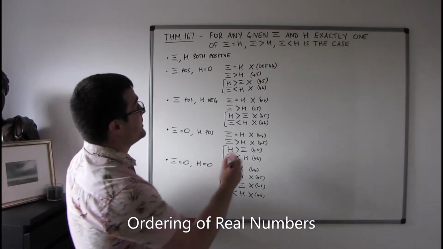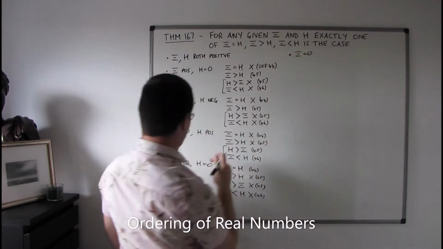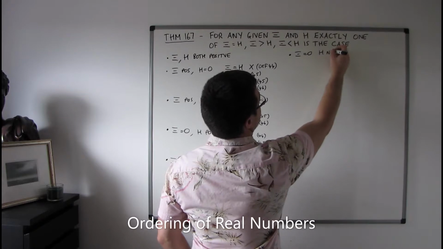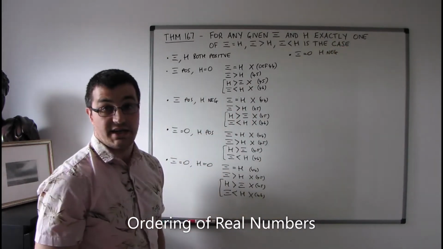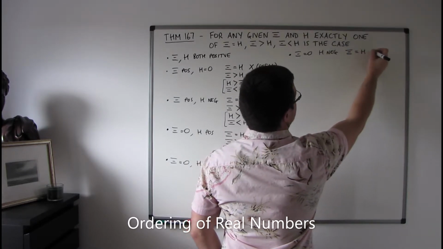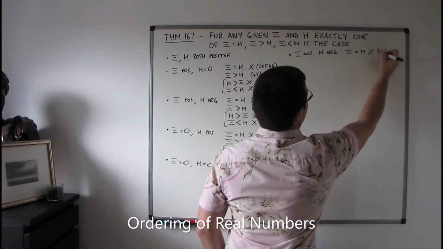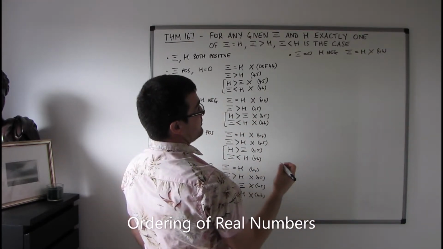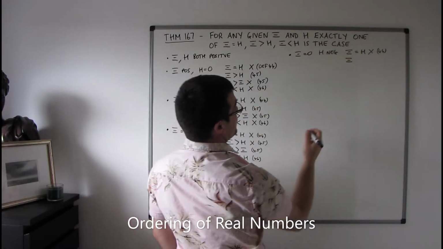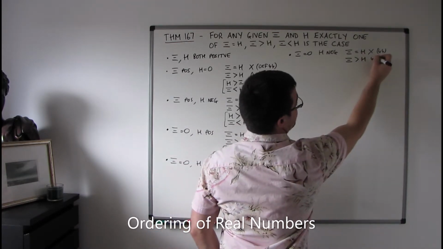So what are we up to? Let's have a look now at psi equals 0 and eta negative. So in this case, again, definition 44 says that equality doesn't hold. We can say that psi is greater than eta, and that's from definition 45.